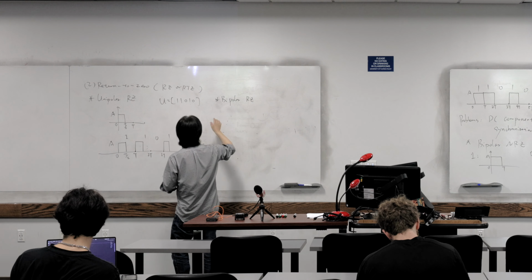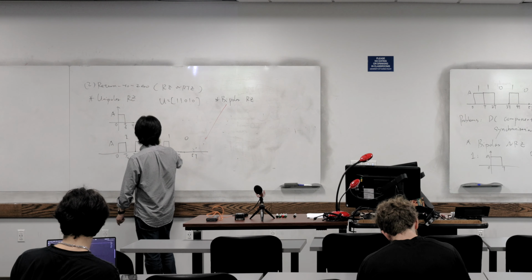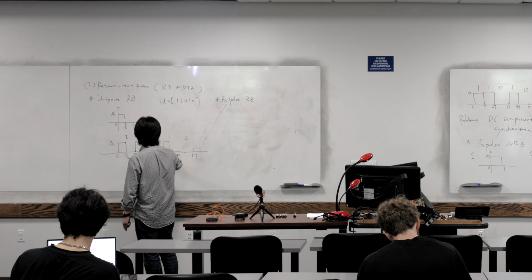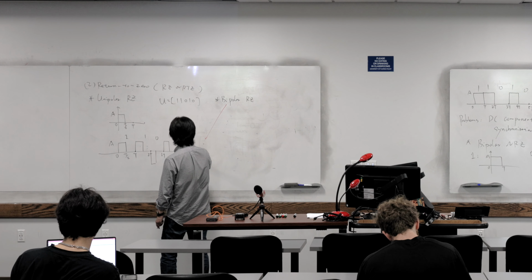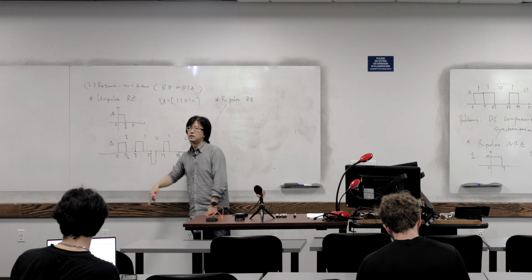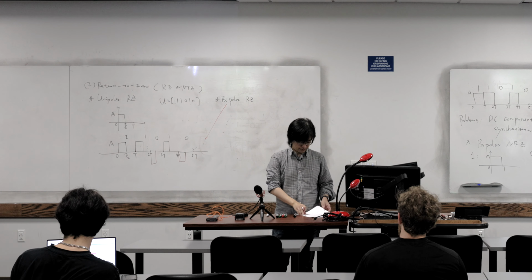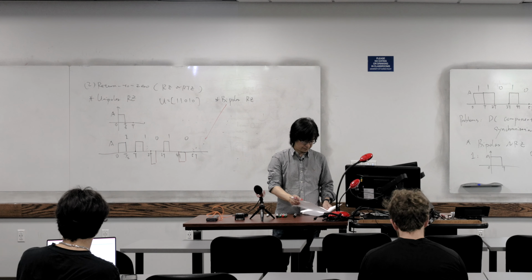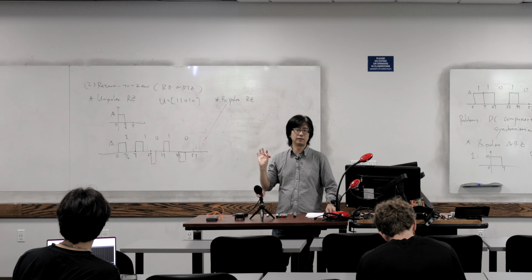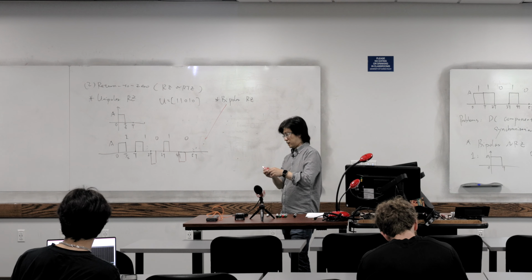So if it's bipolar, the only difference is that when it's a 0, we transmit this instead of nothing. The red part together with the black part would be what we do for the bipolar case. That clear? This is basically the basic concept of line coding.